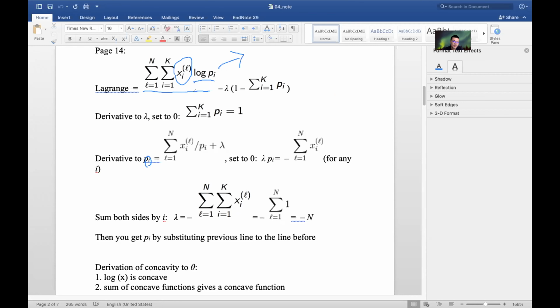Let's say we are taking the derivative with respect to P2, then P0 and P1 are fixed. The derivative of log Pi gives 1 over Pi, and this constant can go up. That's why we have this term. This summation is gone, and we have this term, which is the constant. So this is the left term, and let's look at the next term.